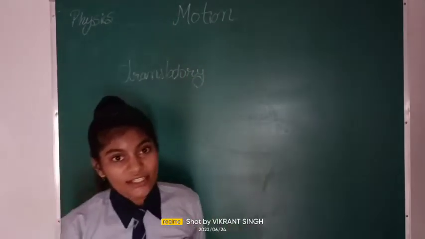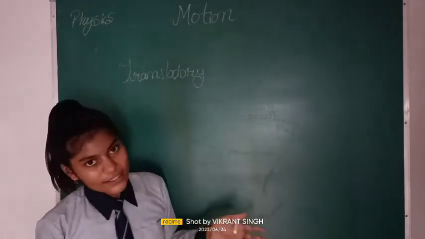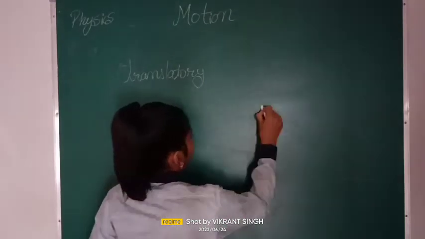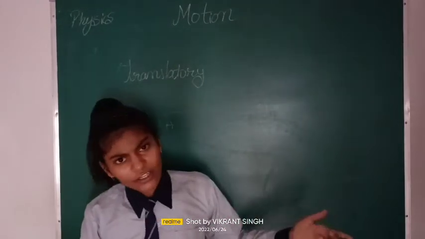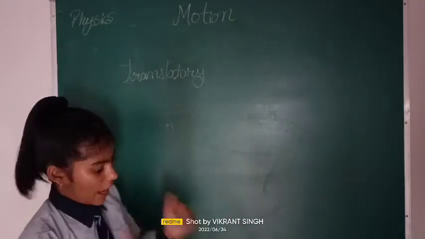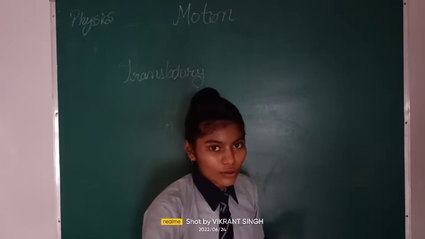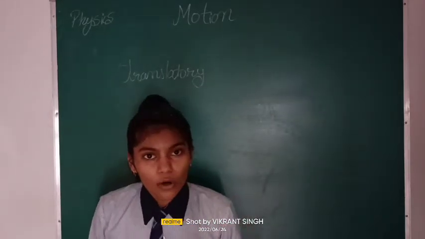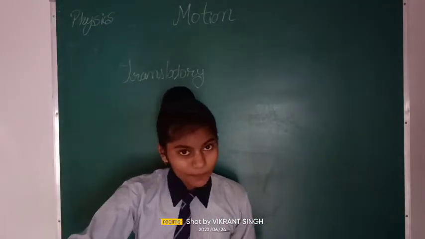Translatory motion is a type of motion where an object is moving from point A to point B without change in its orientation. Orientation means side. Let's suppose I walk like this, then my right hand will never change to left. This is called orientation, meaning the same side should be facing the same place.